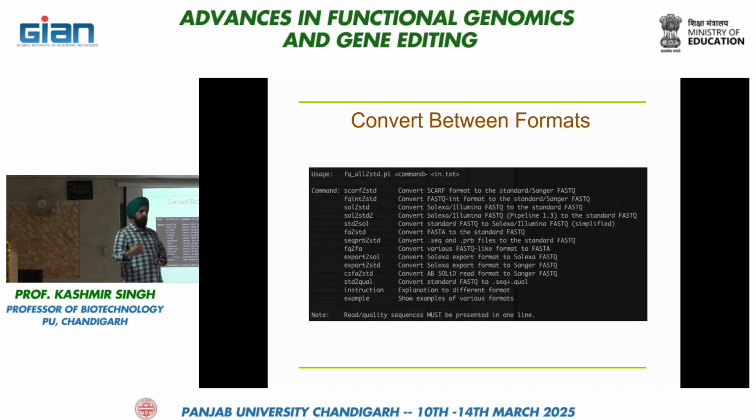Then you have FastQ format, which is the format generated by the high-end sequencers. Like I explained last time, it starts with the @ sign. Some tools like BLAST don't take the FastQ format. It takes the FASTA format. But we have tools available that can convert your contigs into FASTA format or FastQ format. It's very easy. You can change that, and many commands are written there.